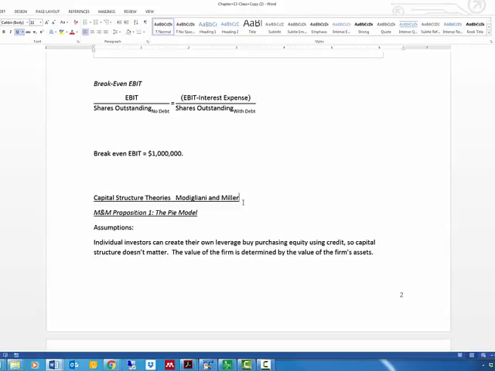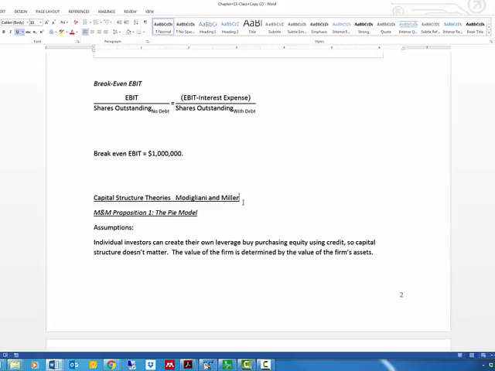And the idea of the pie model is that you as an investor can create your own leverage for the firm. So if we go back to our original example where the company didn't have any debt, you could put debt onto the company by how you invested it, or at least get the same results by taking out debt to invest in the company or to buy the company's stock.